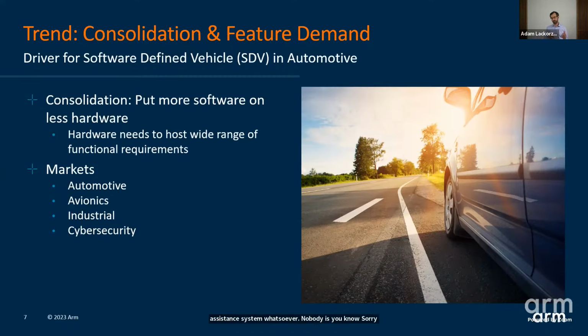So software is defining what a car is, and because software is such a crucial part, it is getting more and more important. More software needs to be put on the car, but unfortunately, the current way of building cars, the current IT architecture of cars, cannot cope with the increasing software features we want to put on a vehicle.